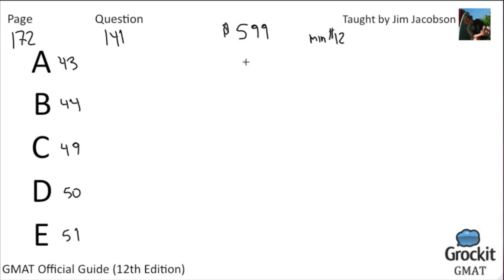So we'll call N the number of members. So $12 times that large number of members needs to be less than or equal to $599.